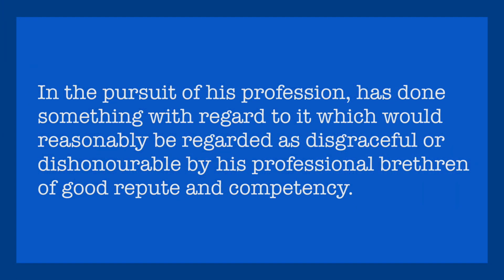The Allinson definition was where a professional in the pursuit of his profession has done something with regard to it which would reasonably be regarded as disgraceful or dishonourable by his professional brethren of good repute and competency.